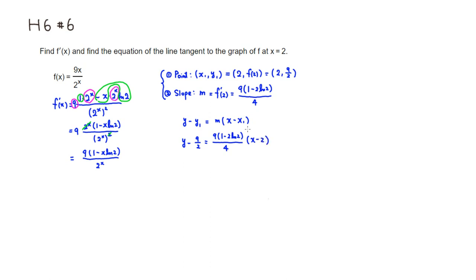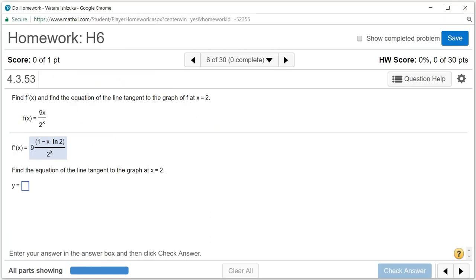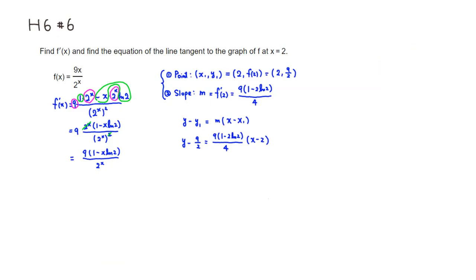Let's see what kind of format the question is asking for. It looks like they are looking for a y equals form. So we have to isolate y. I'm going to move this to the other side.